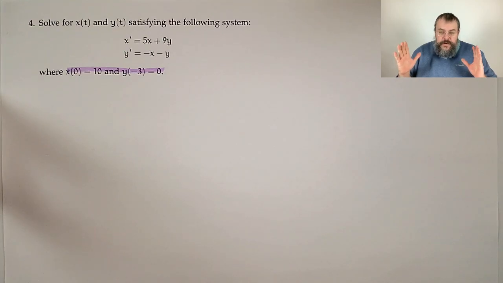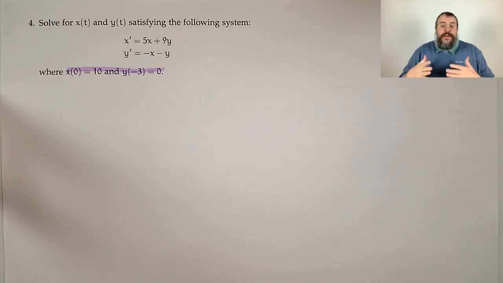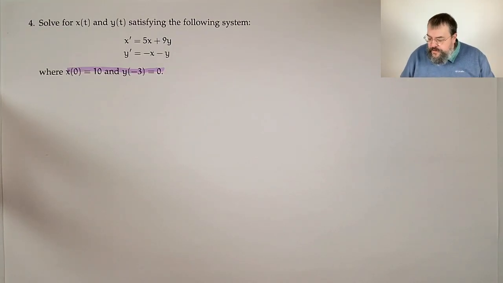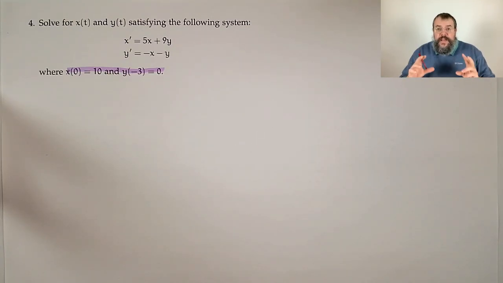Now, the way that we want to approach this is we want to use our tools using eigenvalues. We want to use the eigenvalue method because it's a really powerful way to handle systems. So the first thing we do is we translate this into a nice setup where we have eigenvalues involved.